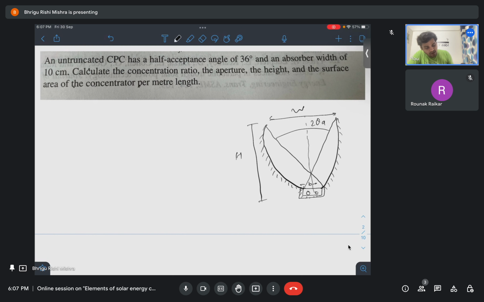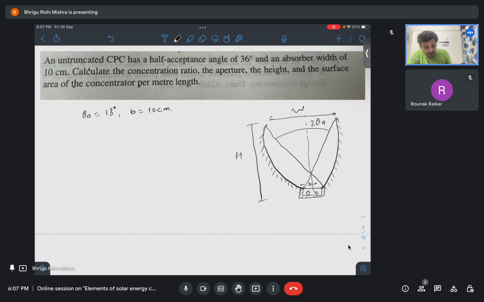So for this case it is given that the half acceptance angle is 36 degree. That means theta A equals 18 degree. And absorber width 10 centimeter, that is B equals 10 centimeter, and we have to calculate concentration ratio, aperture, height and the surface area.